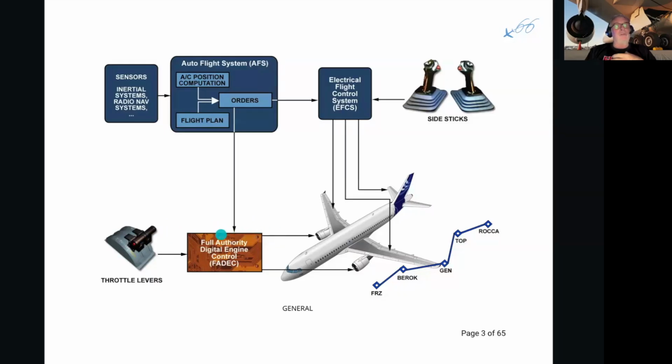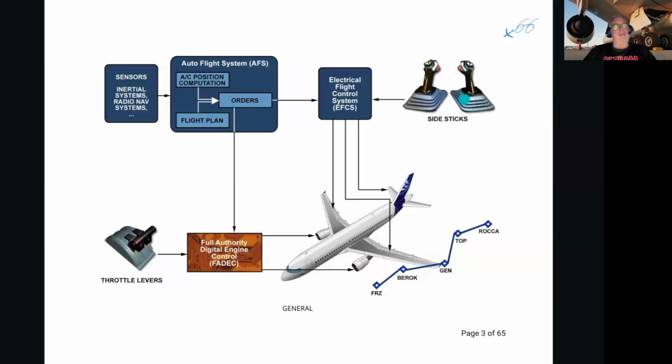So we use the engine thrust to increase the speed and thus pitch up or down. We can also use the flight controls, where we use the side sticks to roll the aircraft.